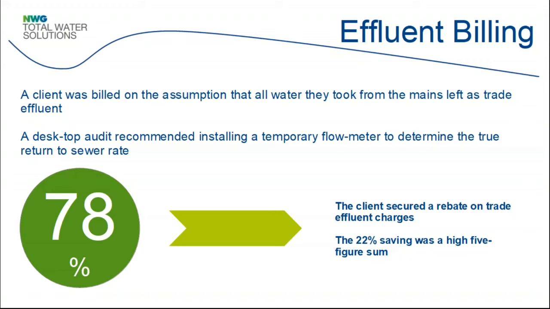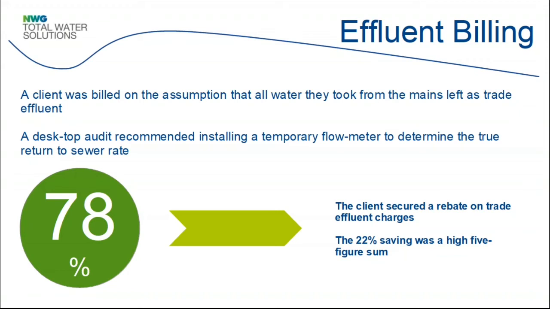The other 5% is lost as domestic use or evaporative losses in heating and cooling systems. Now, this particular client was very clear that 100% of what they took from the mains was not discharged back to the sewer. What came out of the desktop audit was a recommendation to install a temporary flow meter. They did that.